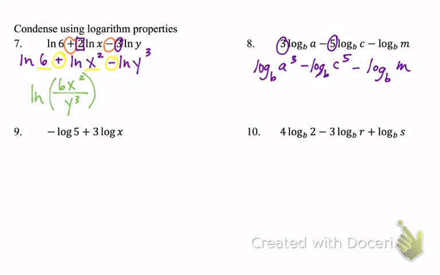And so since I have 2 minus signs, that means that both c to the 5th and m are going to be on the denominator, and a cubed is going to be at the top. So I would have log base b of a cubed over c to the 5th times m. Since these are both minuses, that means that they both go to the denominator.